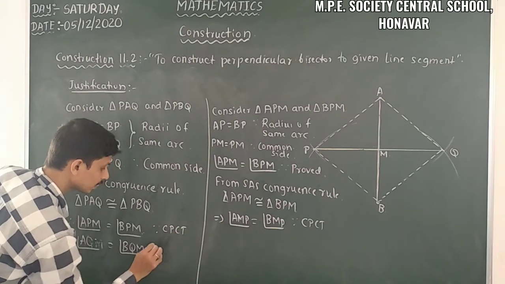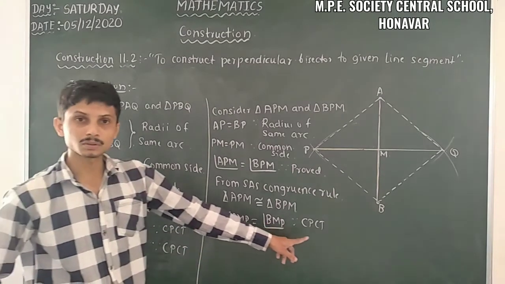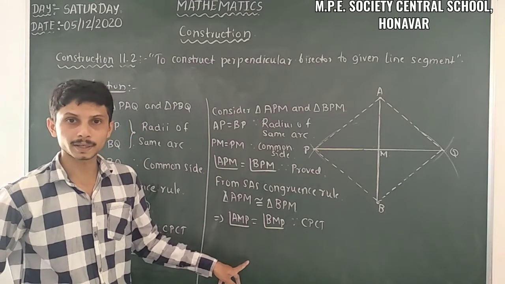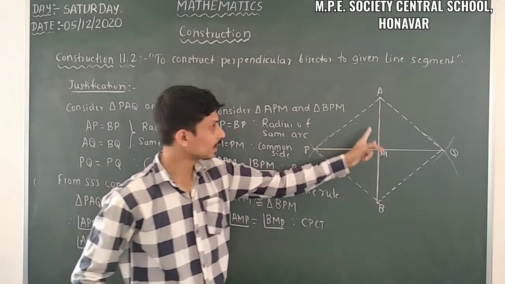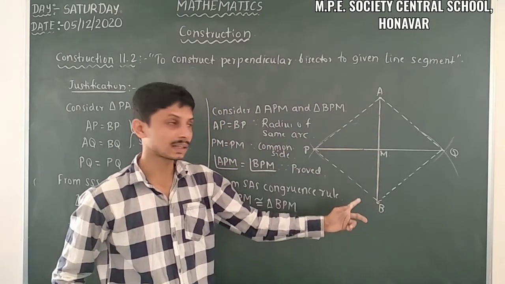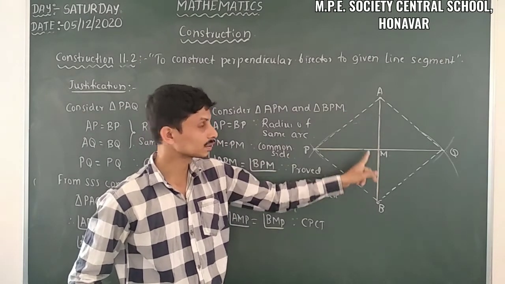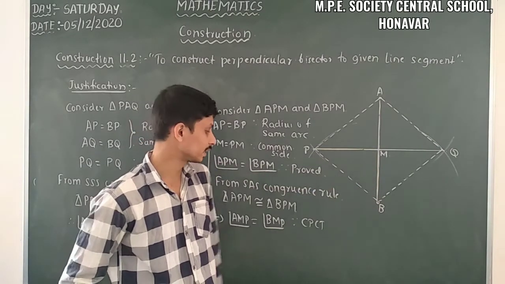Also these two are linear pairs. When a ray PM stands on a line AB, the sum of adjacent angles is 180 degrees.